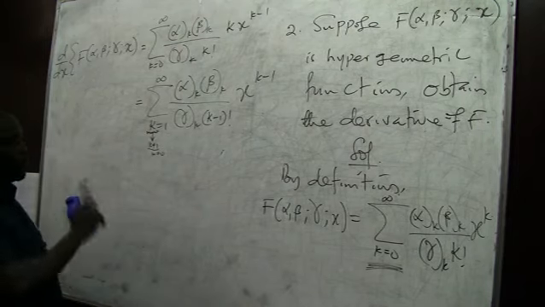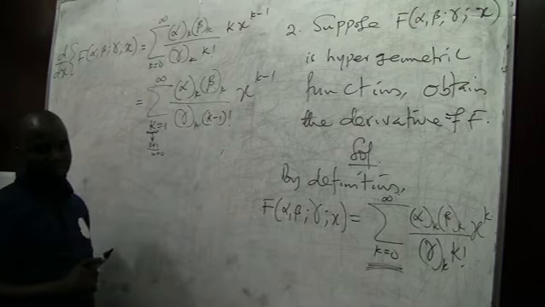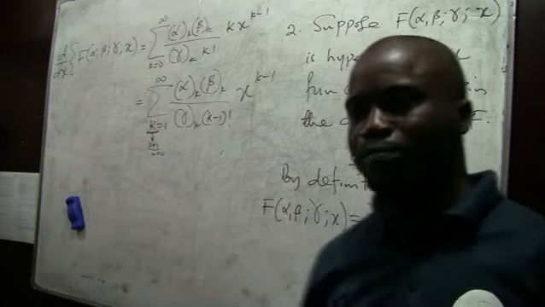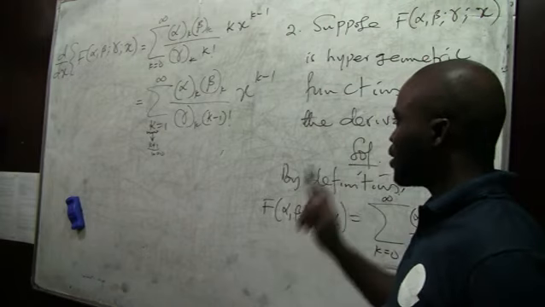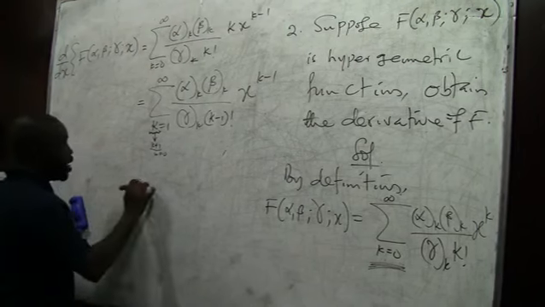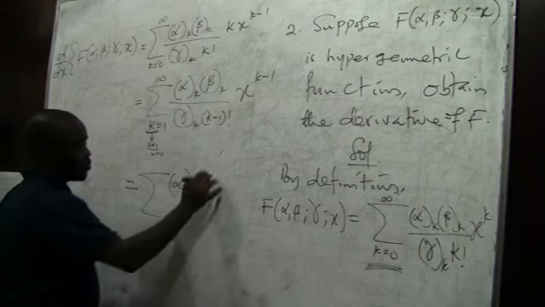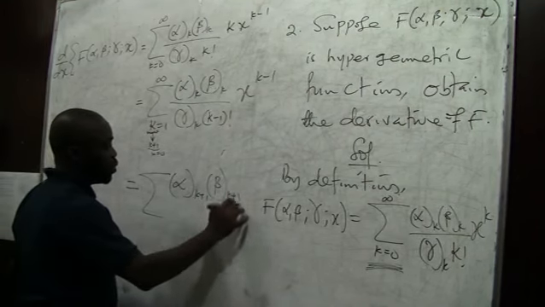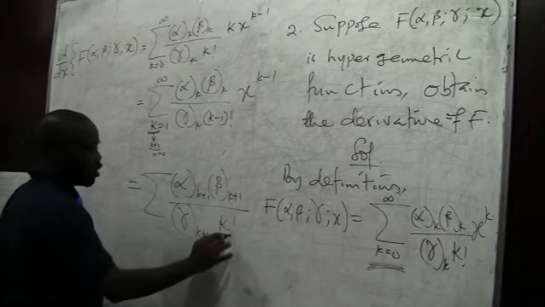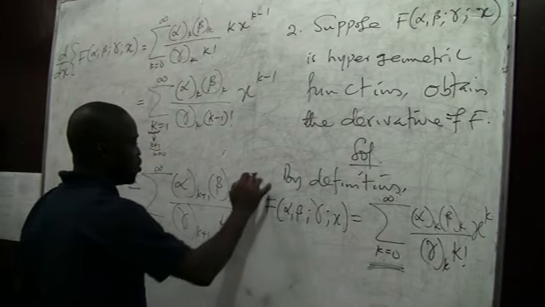For every point that k appears, we substitute k plus 1, so that we have the summation of alpha sub k plus 1, beta sub k plus 1, divided by gamma sub k plus 1, k factorial, which needs to be preserved, from 0 to infinity, and this becomes x raised to power k.